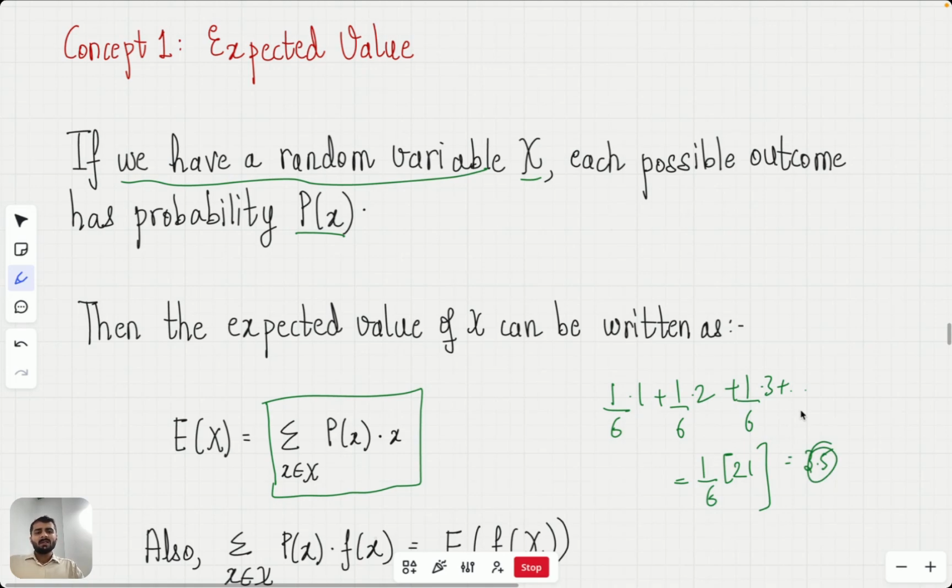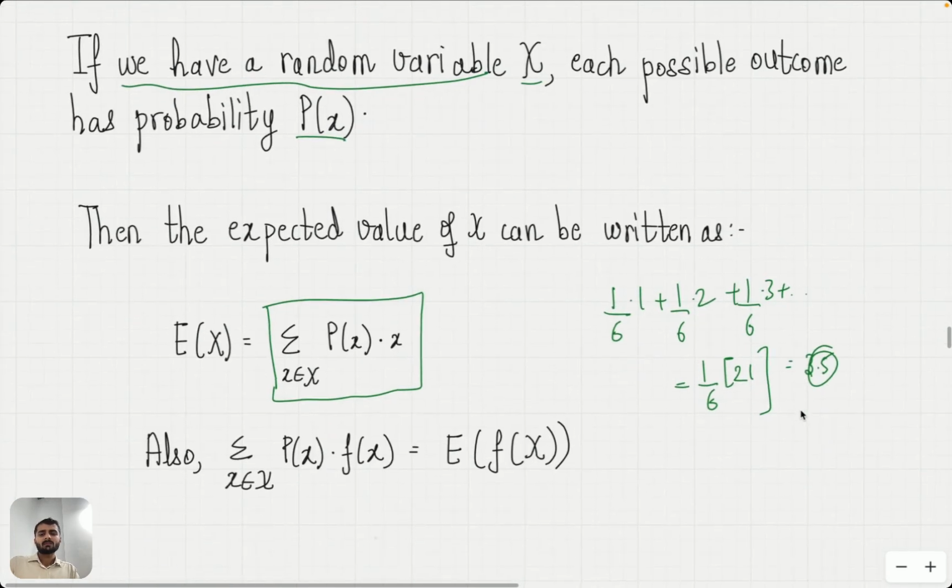In a similar way, the expected value of any random variable can be calculated if the probability of every event in that random variable is known.